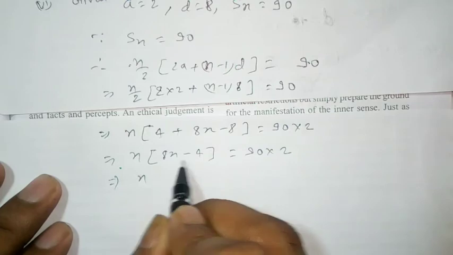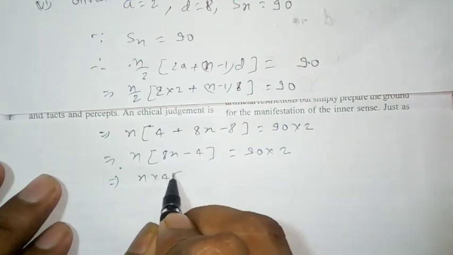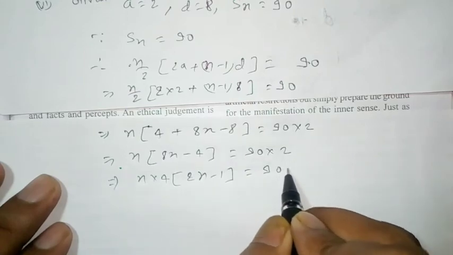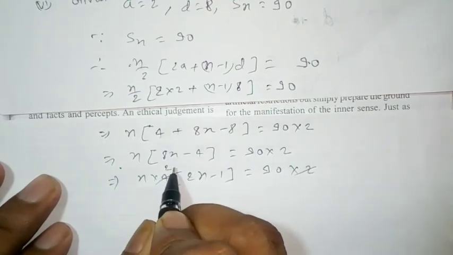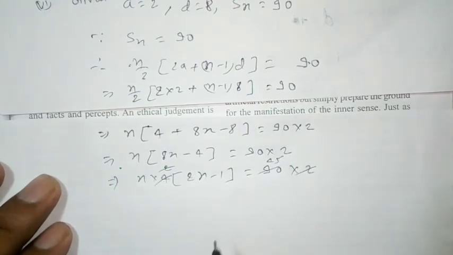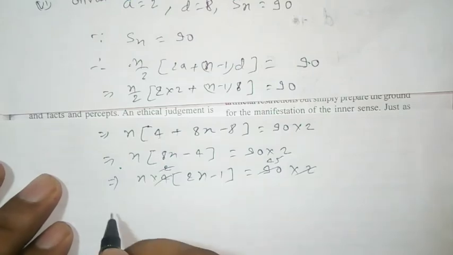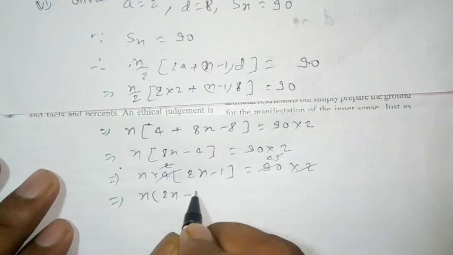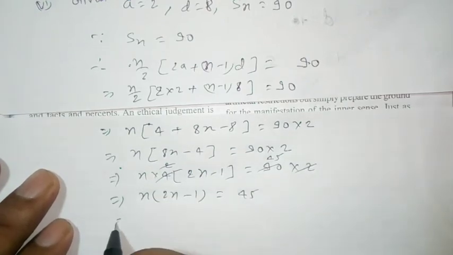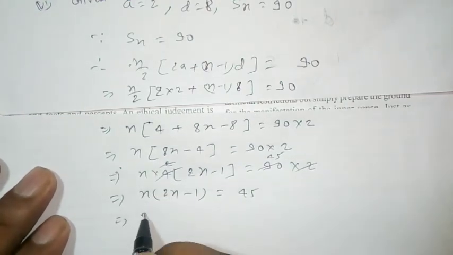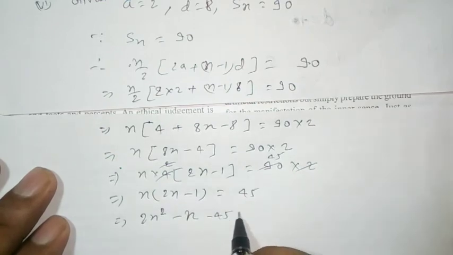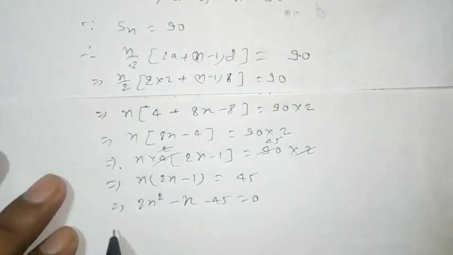Implies n, 4 is common, so 4 into 2n minus 1 is equal to 90 into 2. Implies n into 2n minus 1 is equal to 45. So 2n squared minus n minus 45 is equal to 0.